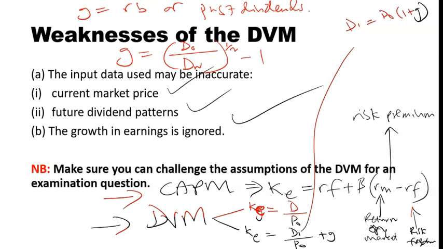That's the formula where d0 is the current dividend and dn is the dividend n years ago. There's some form of geometric mean.